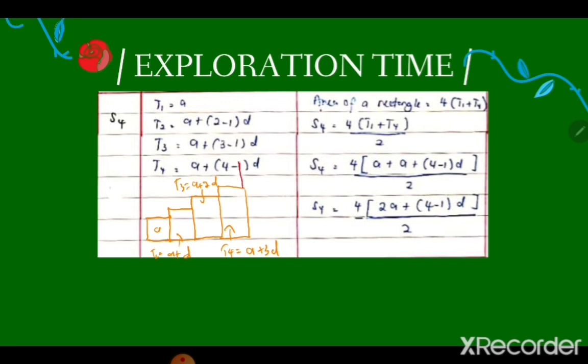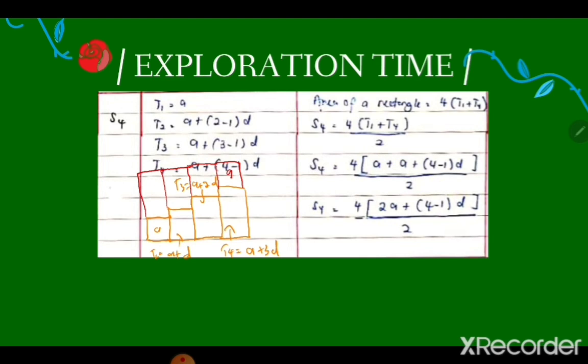So this is a, and then this one adds up with the second one, and this one adds up to the same, and this one adds up to the biggest one. So we have this square.